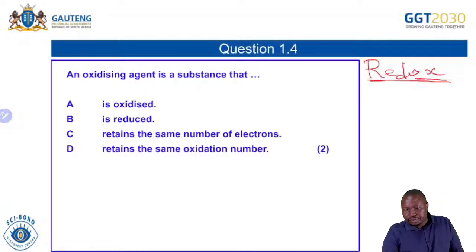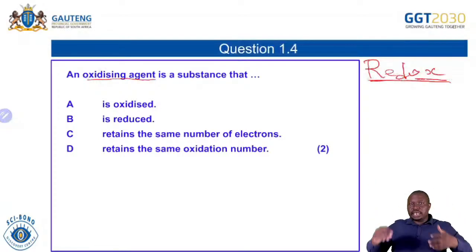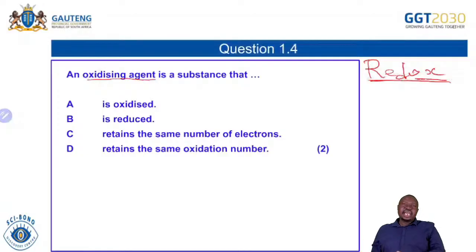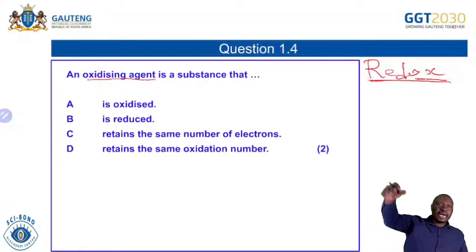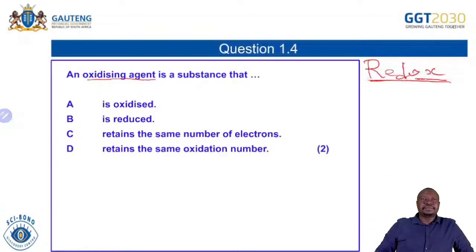Now, they are saying an oxidizing agent. Remember, if you are an agent, let's say you are a sales agent, you are selling something. You're not selling to yourself, you are selling to others. If I'm an oxidizing agent, it means I'm an agent that is going to oxidize. So it's very important to understand that we move in that order.